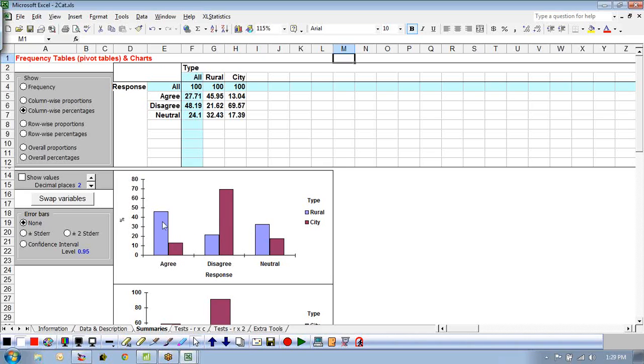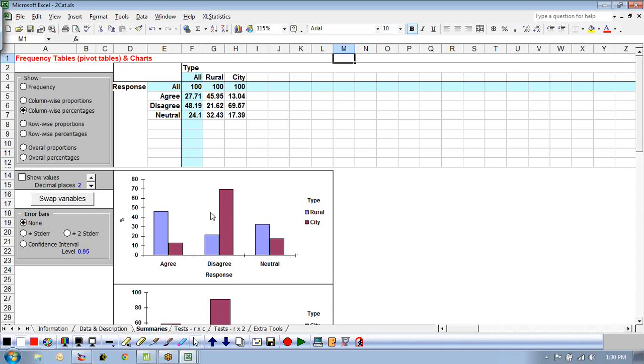If there were no differences between any of these groups, in other words, if we just got 33%, 33%, 33%, all the way across, and that there was no preference for agree and disagree, it would be flat. But in this case, it certainly does not look as if it's flat, right? At least not to me.